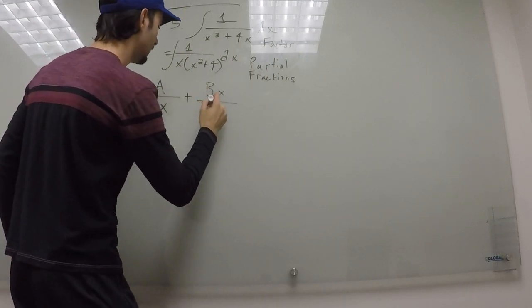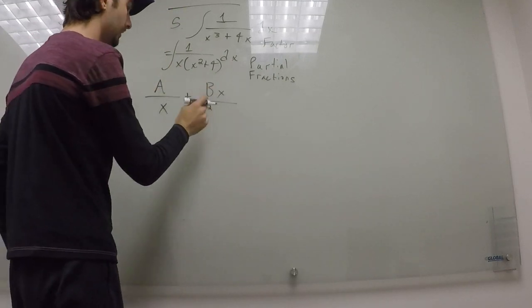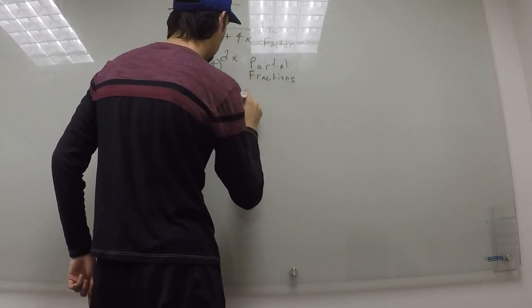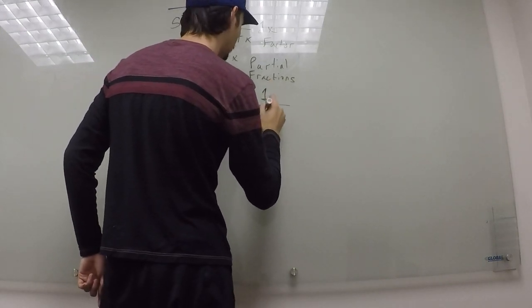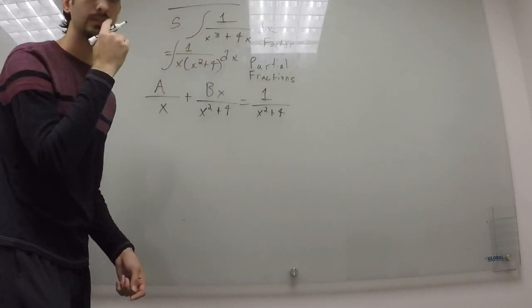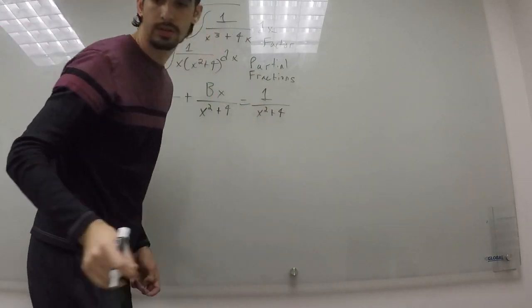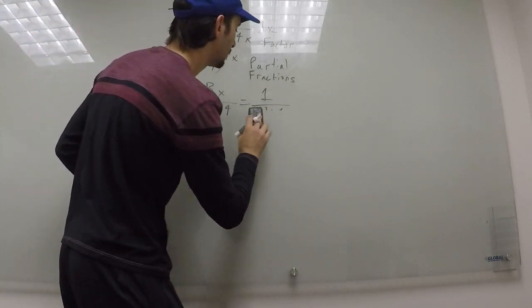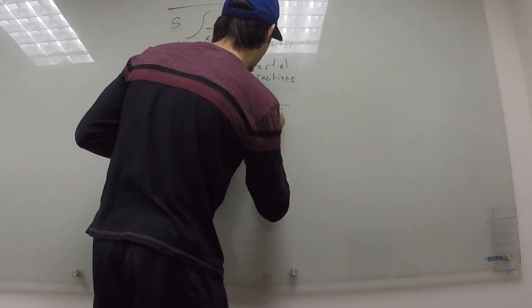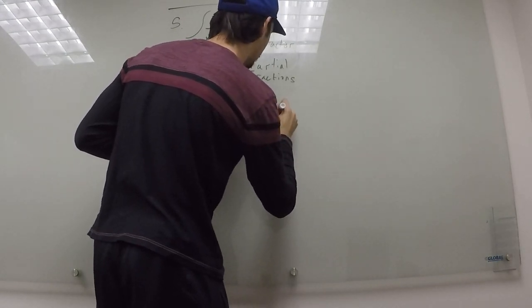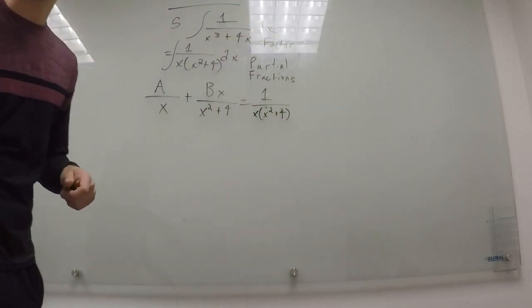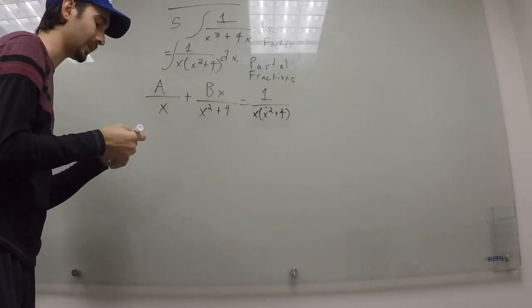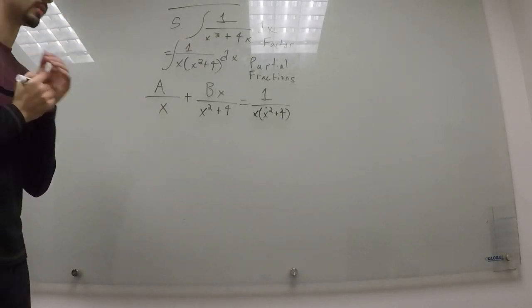So it's a over x plus bx over x squared plus 4 equals 1 over x times x squared plus 4. We're doing this because we want to simplify the equation so that it's easier to solve.